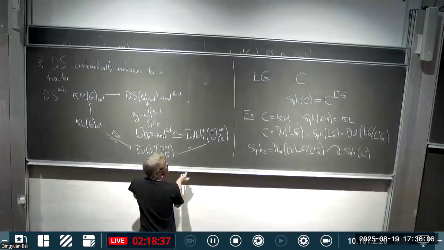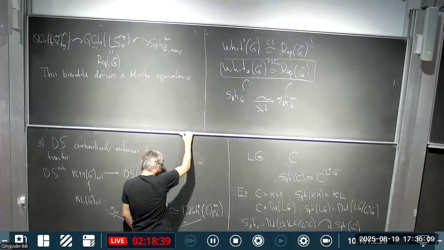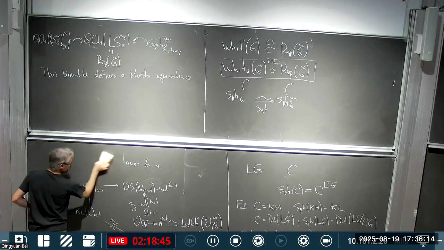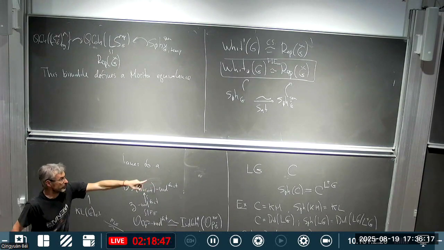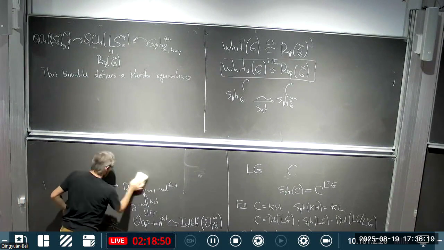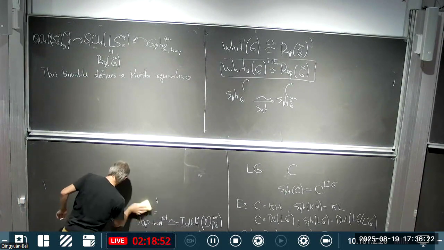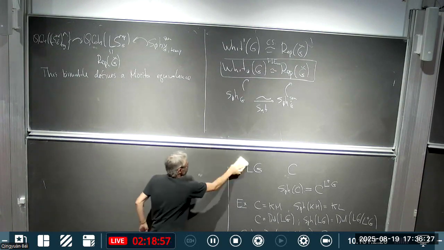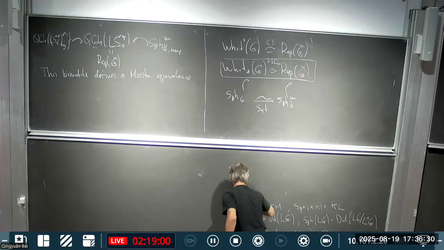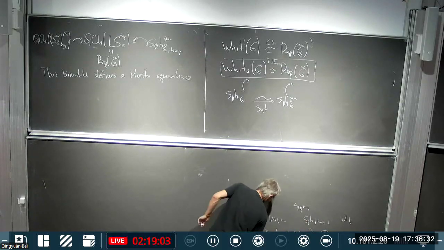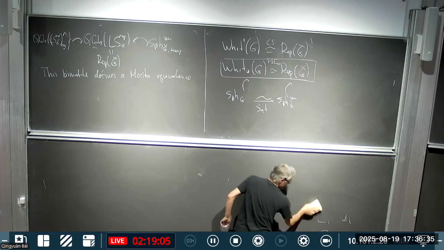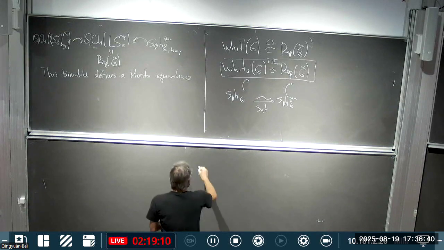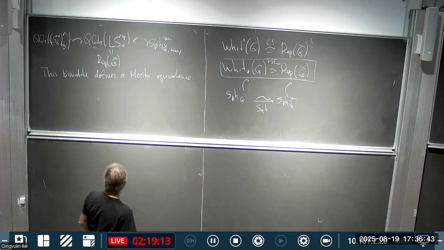So why am I mentioning this? It's for the following reason. Let's interpret that Whittaker formula this way. I'll rewrite, instead of the star, I'll write Rep G check.